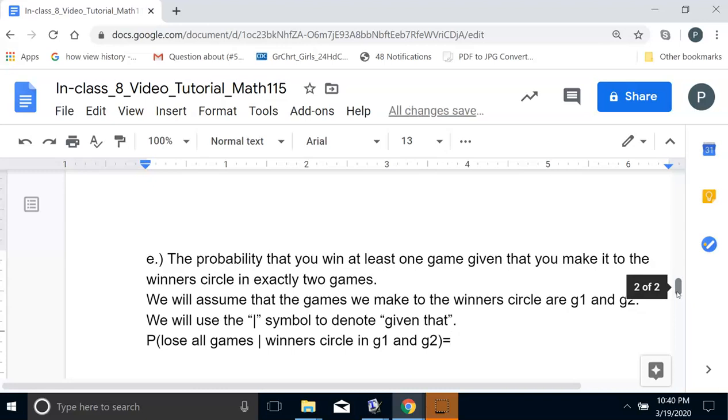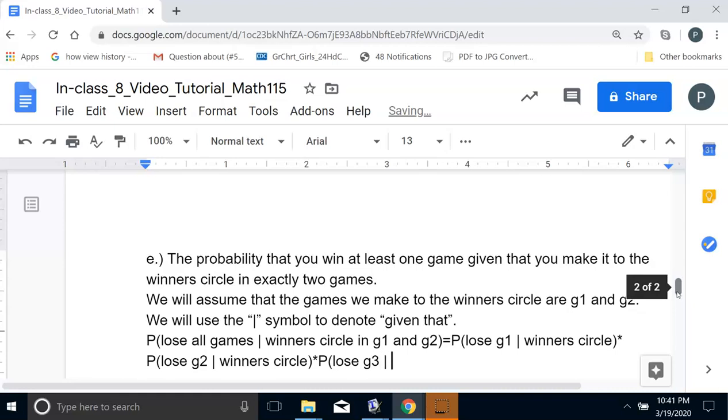We can write this as the probability we lose game 1 given that we made it to the winner circle, times the probability that we lose game 2 given that we made it to the winner circle in game 2, times the probability we lose game 3 given that we do not make it to the winner circle.